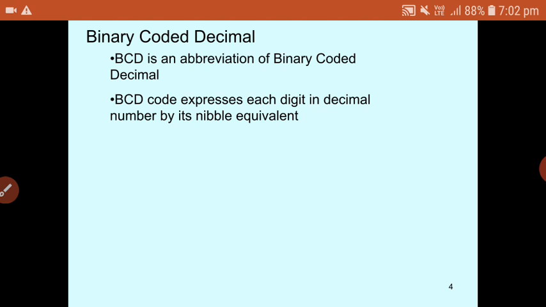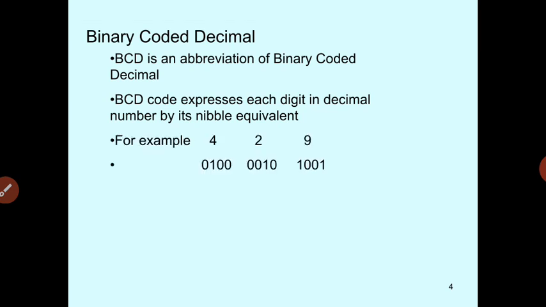For example, the decimal digit 4 has the binary code 0100, the decimal number 2 has 0010, and the decimal number 9 has the binary nibble 1001. Likewise, every decimal number from 0 to 9 has its equivalent 4-bit binary code.